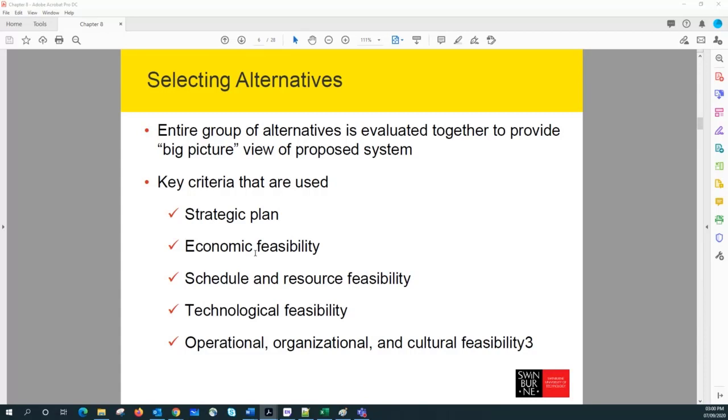And then the second, of course, we need to think about the economic feasibility, because if you think about a higher level of automation for a given application, it requires substantially more funds to implement, right? So there we need to develop different alternatives and see what cost savings we can come up with for the different packages.